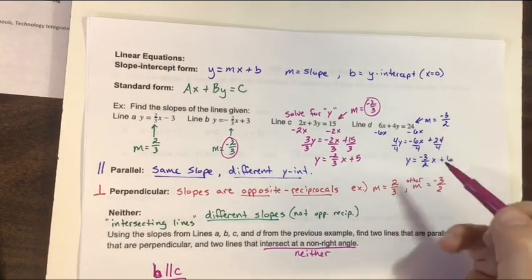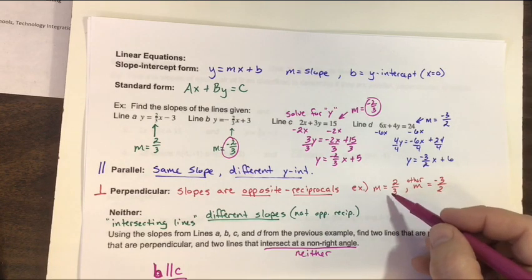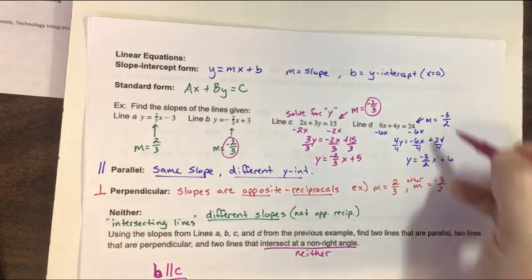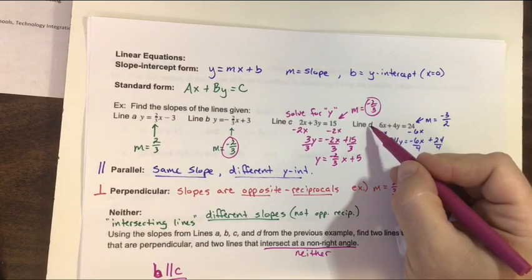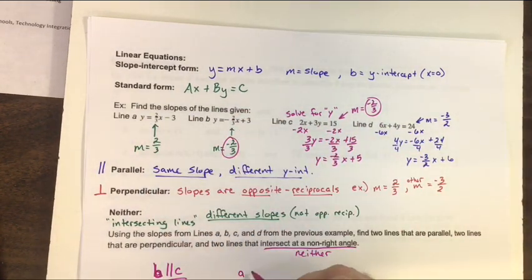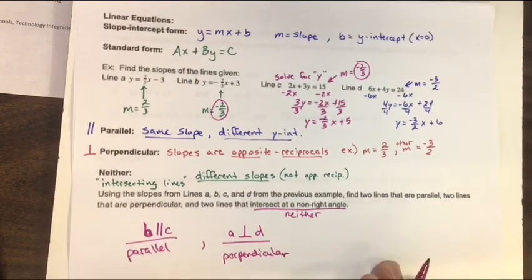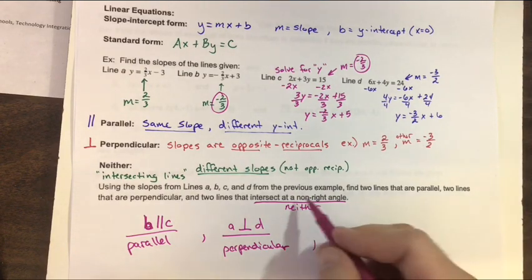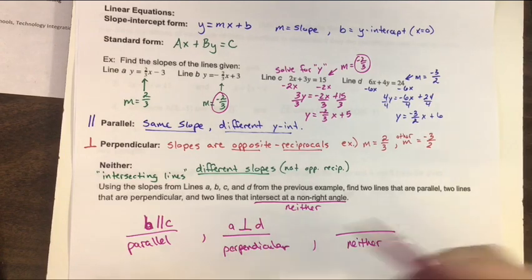Okay, the perpendicular lines I'm looking for have to have a slope of negative 3/2 and positive 2/3, just like the example I gave, because these are opposite reciprocals of each other. So I would say line D and line A are perpendicular. So A is perpendicular to D. Perpendicular. And then we want a neither option, where they just have different slopes that are not opposite reciprocals.